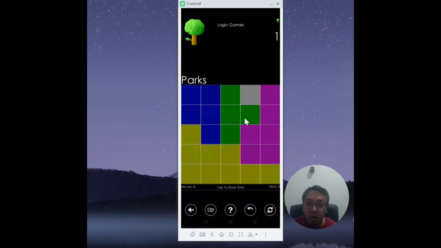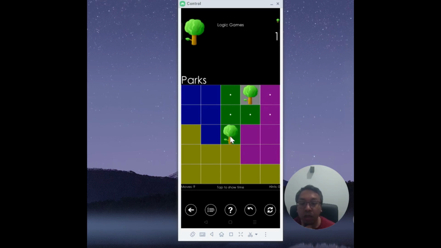Here we can easily see that the gray one only has one tile, so the tree must be there. So we know that there is no tree around it. The tree on the green part must be here.